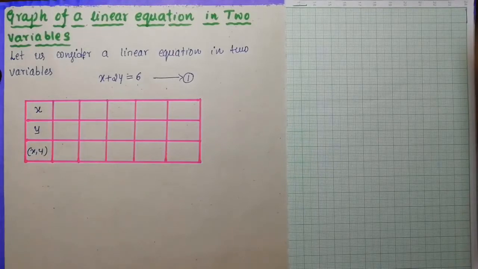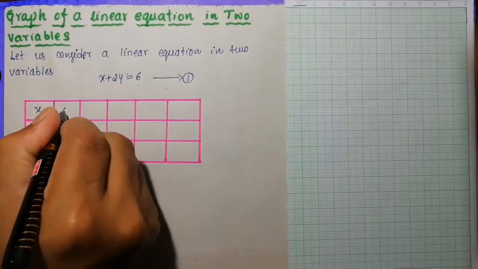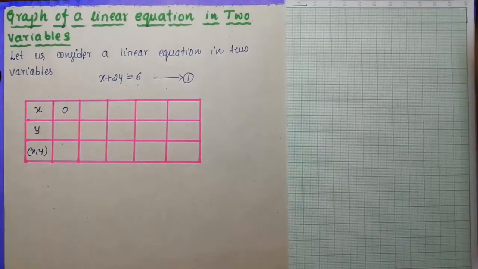So now let us look at here. I'm going to consider the same numbers given in your textbook. First, I'm going to place x is equal to 0. You can choose the values for x, but don't choose y. The value of y will be the corresponding value for x is equal to 0. So x is like an independent variable. You can choose any x, but don't choose y.